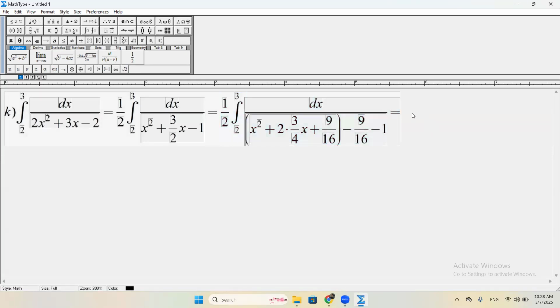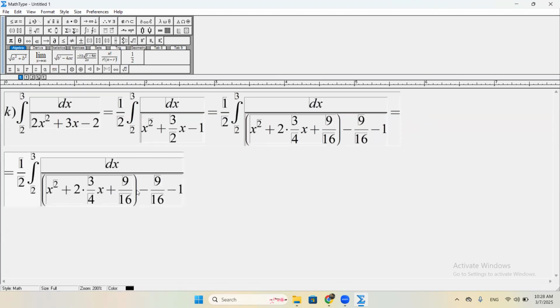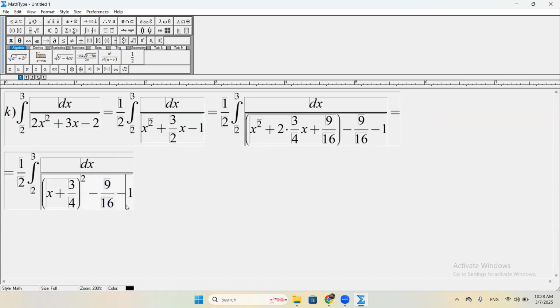Now let's continue. So we can collapse it: x plus 3 over 4, to the power of 2. And here minus 25 over 16.